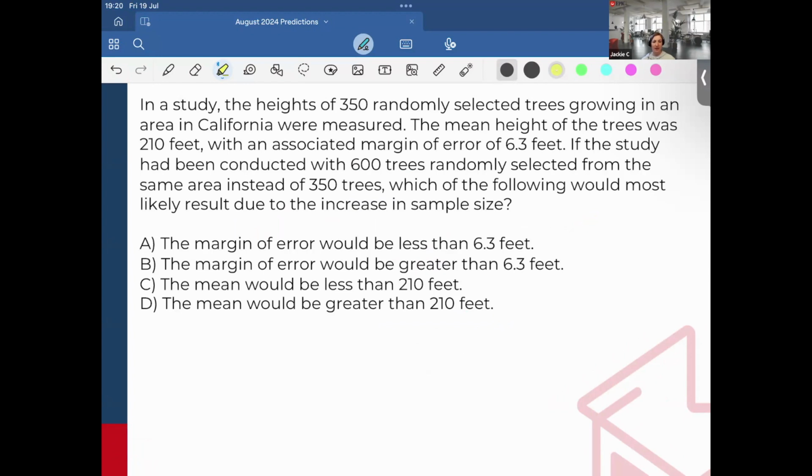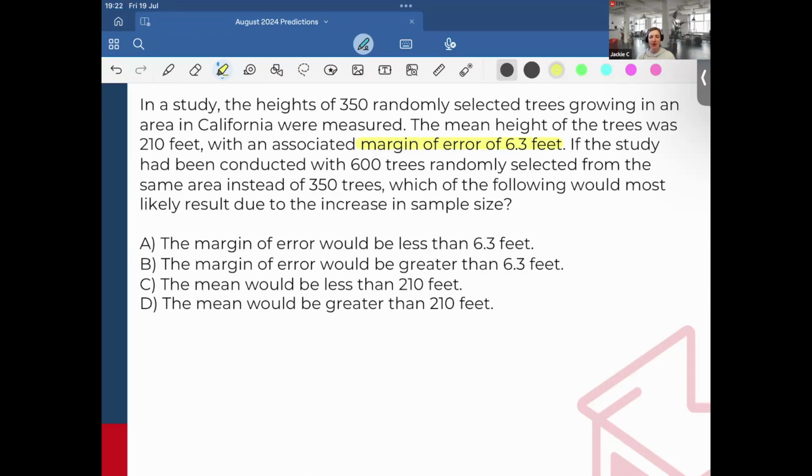It says, in a study, the heights of 350 randomly selected trees growing in an area in California were measured. The mean height of the trees was 210 feet with an associated margin of error of 6.3 feet. If the study had been conducted with 600 trees randomly selected from the same area instead of 350 trees, which of the following would most likely result due to the increase in sample size?